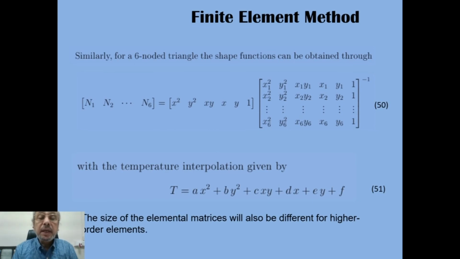Similarly, if we take a 6-noded triangle, we just add three more nodes on a triangular element, and then the shape functions can be N1, N2 to N6, and this will be given by the row [x square, y square, xy, x, y, 1] multiplied by the inverse of this matrix.